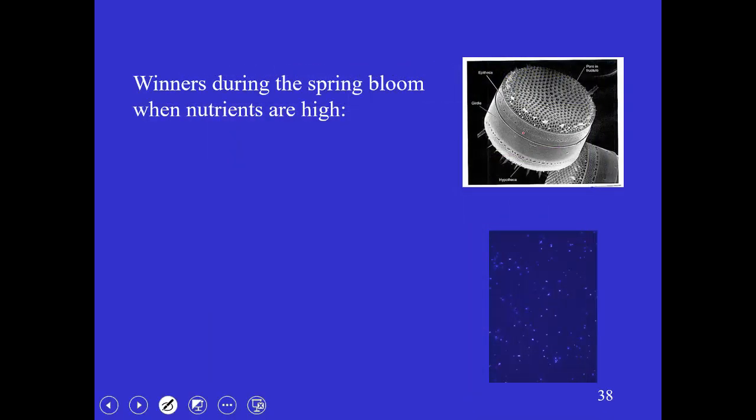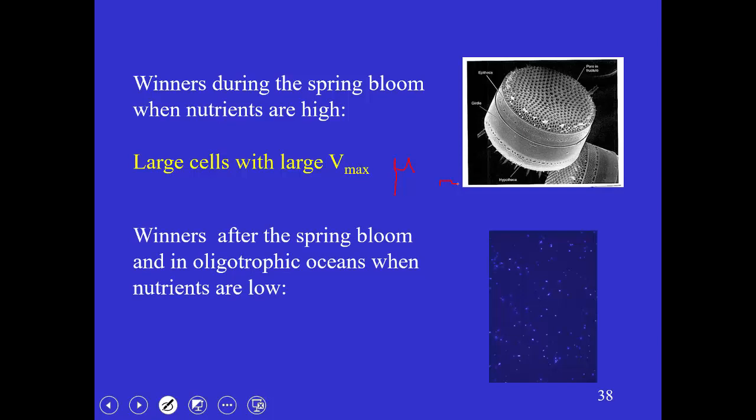So the winners during the spring bloom are, again, the diatoms, and more generally speaking, the large cells with high Vmax or Mumax, maximum growth rate. And the winners after the spring bloom, when nutrients are low, and more generally in the oligotrophic oceans, well, often oceanographers will talk only about Km, and we don't need to go into more detail about this, but it's really based on the ratio of the maximum uptake velocity or maximum growth rate and the half saturation constant.